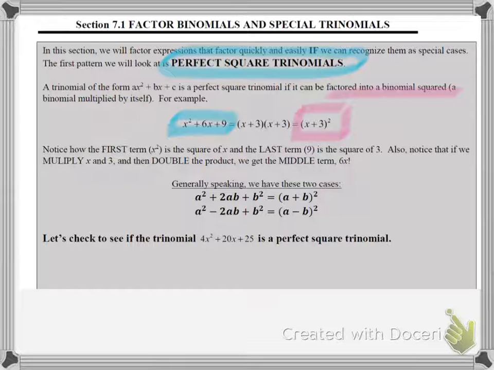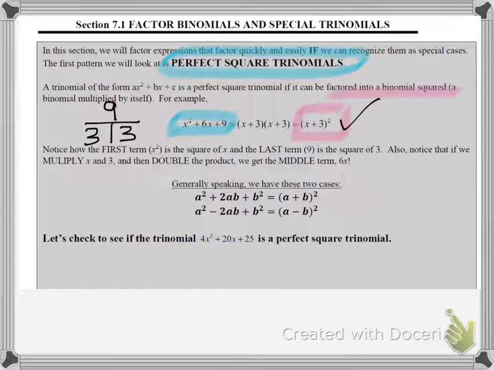Now, if we look at the original trinomial, x squared plus 6x plus 9, that means we need two numbers that multiply to 9 and add up to 6. So our numbers are going to be 3 and 3. We get the binomial x plus 3 times x plus 3, but instead of writing it out twice, we have the binomial squared, x plus 3 quantity squared.